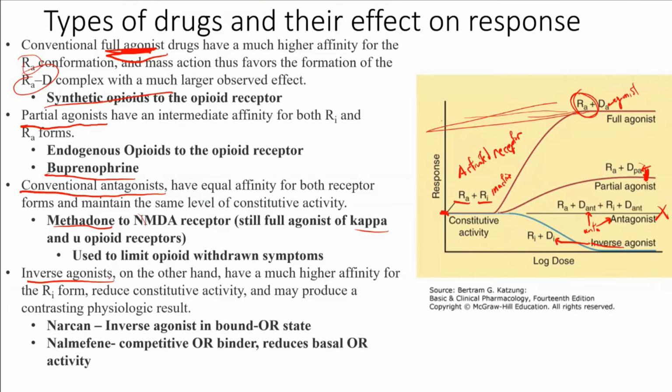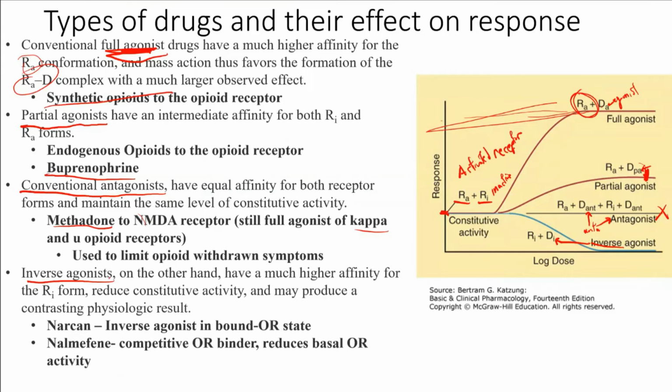For opioids, that's difficult to think about, but you can have Narcan. Narcan binds to the opioid receptor and causes the pain response to basically increase because you can't even bind endorphins anymore. So it does the opposite response.